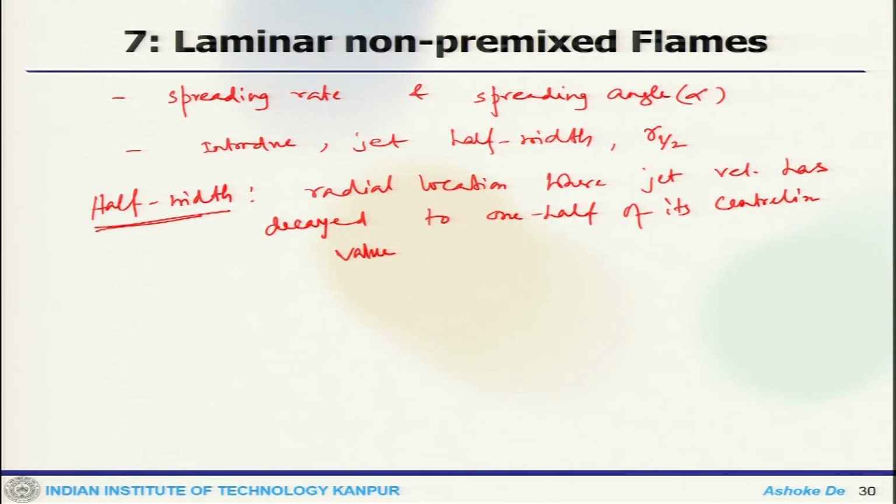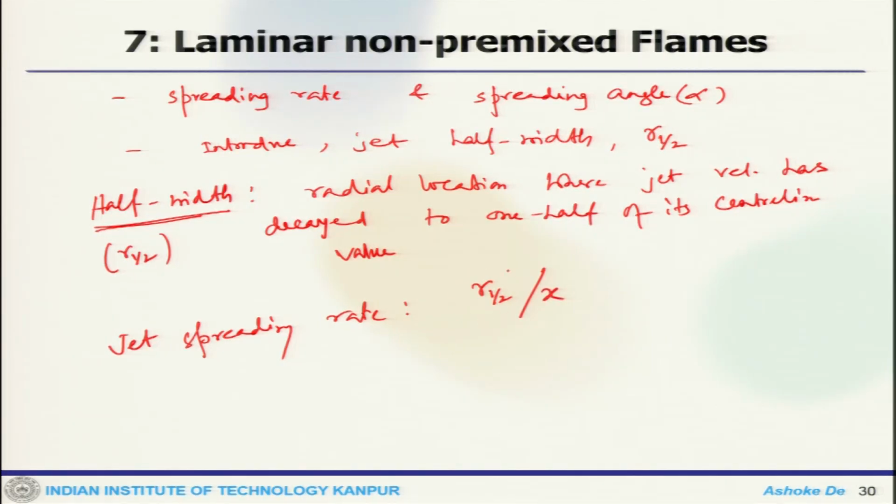Now, this R half or half width can be derived by setting this Vx by Vx0, and so then one can say jet spreading rate is nothing but R half by x.